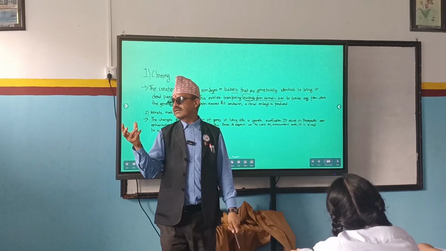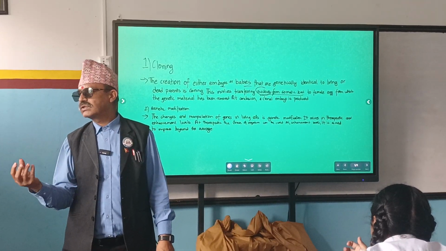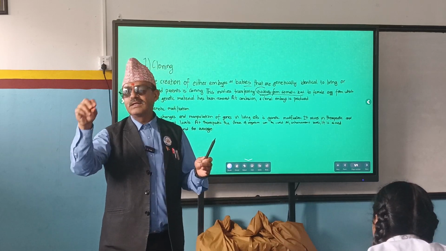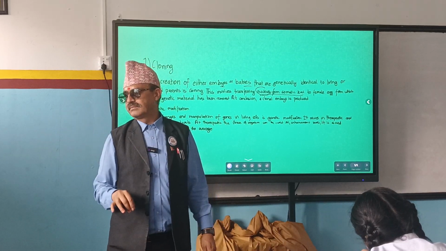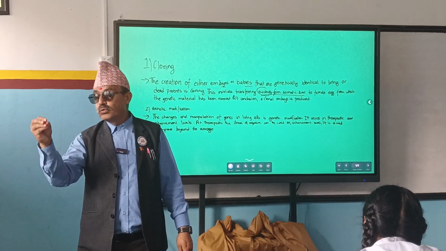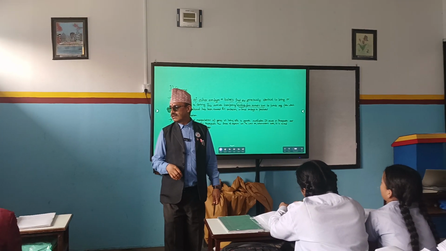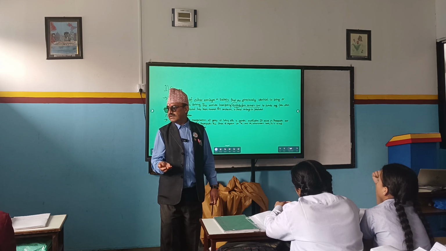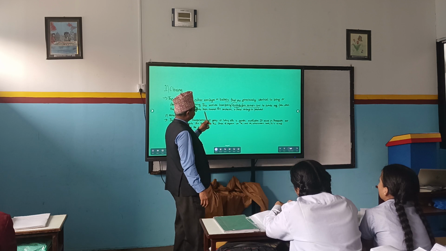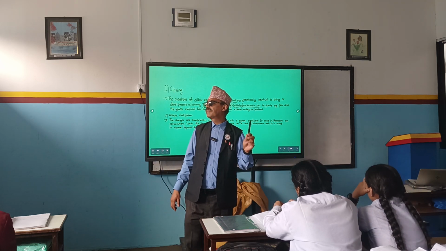Nucleus contains chromosomes or not? How many chromosomes are there in a somatic cell? 23 pairs or 46 chromosomes. That nucleus is taken and kept in an egg. The egg's nucleus is removed, and the nucleus of the one you want to clone is kept over there. Then fertilization takes place, and later on a baby is produced. So that is 100% identical to its parent.